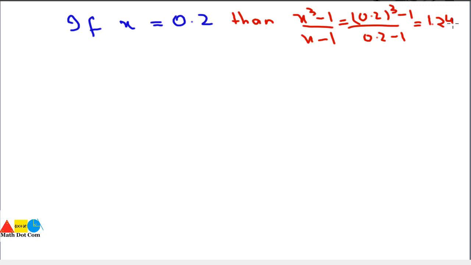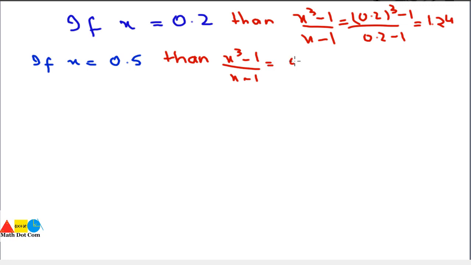Now again, if I put the value of x as 0.5, so I am increasing the values of x, then the function will be x cubed minus 1 divided by x minus 1 equals 0.5 cube minus 1 divided by 0.5 minus 1 equals 1.75.